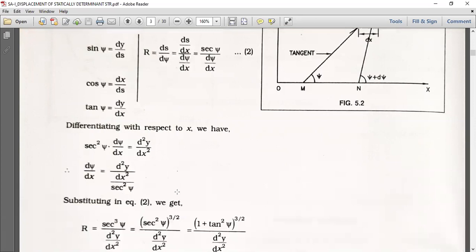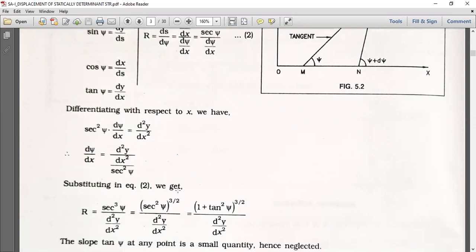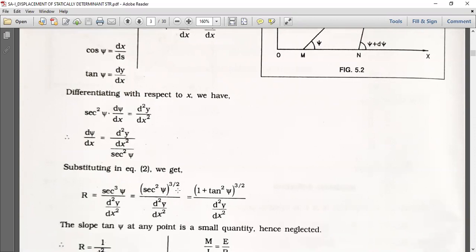Differentiating with respect to x, we have sec square psi into d psi upon dx is equal to d square y upon dx square. Simplify it: d psi upon dx is equal to d square y upon dx square divided by sec square psi.